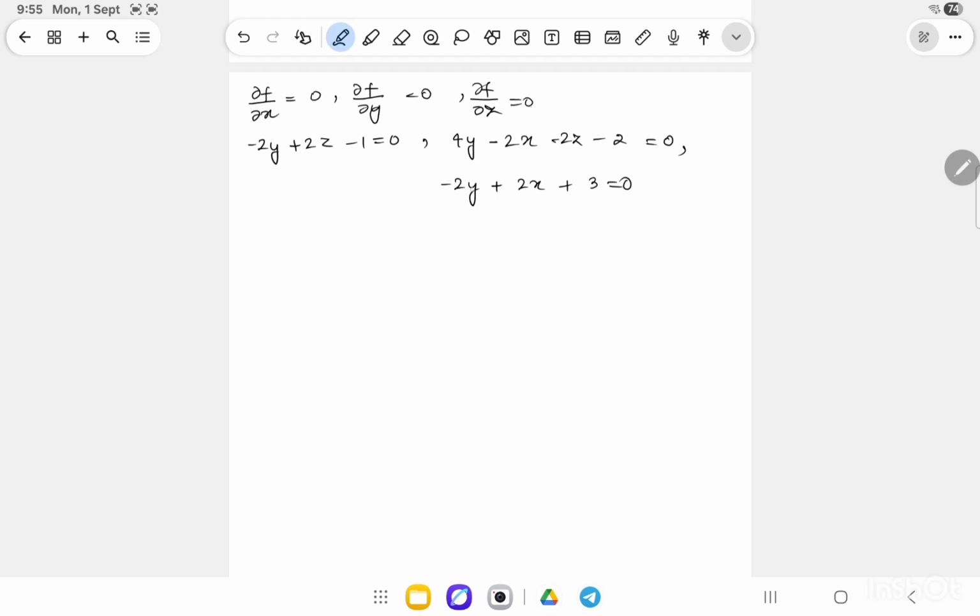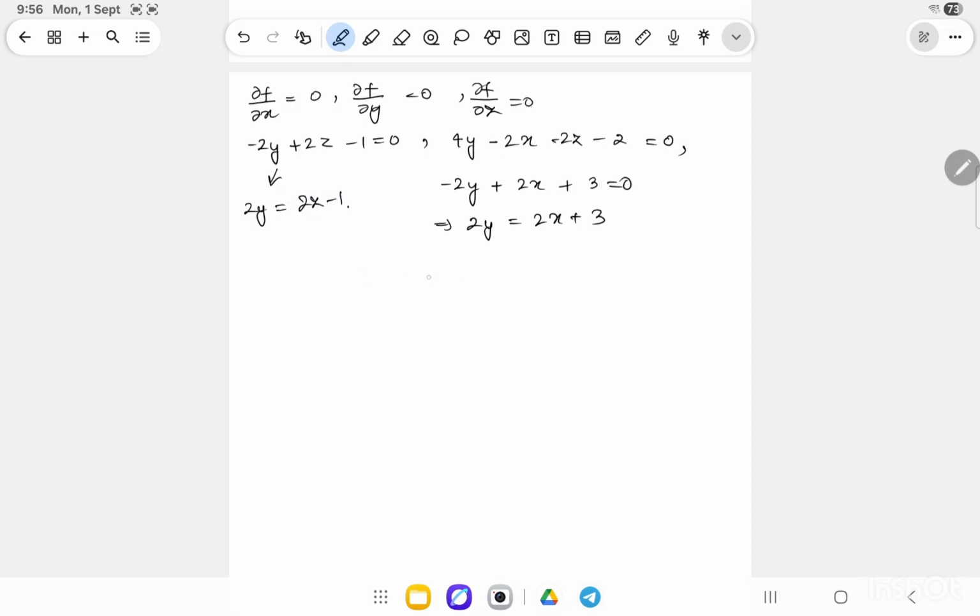And now I can solve these for x, y and z. That would basically give me, from here my 2y is basically 2x plus 3, and from here my 2y is 2z minus 1.